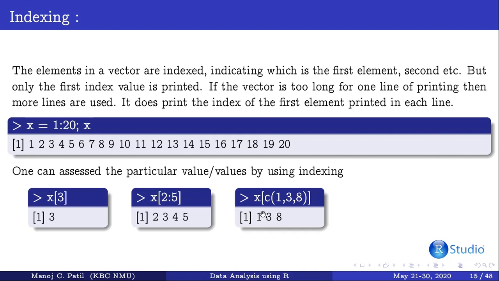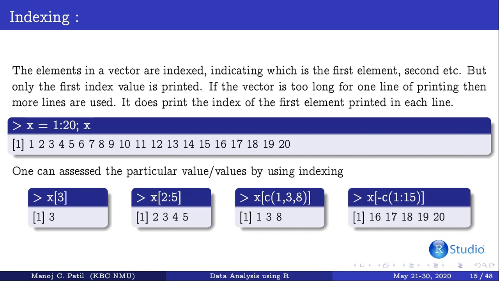What if I want the first element, third element and eighth element? We can use x[c(1, 3, 8)]. So 1, 3, 8 is actually an index vector, and we are extracting particular values from that vector by using that index vector.